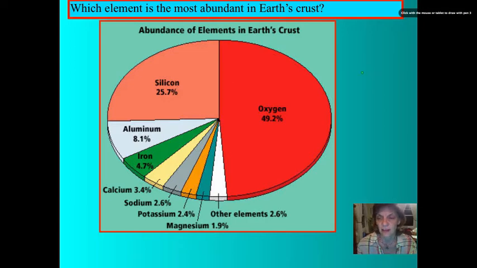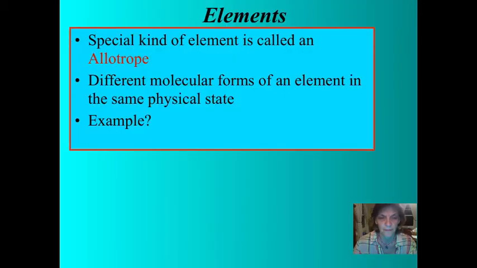Silicon dioxide is sand, good old sand, and that makes up most of the crust of the earth, with a few of these other things showing up in small amounts. What might be surprising to you is that carbon, which is what makes up most living material, isn't even there. It's not even in the crust, at least not in these abundant amounts. So just some interesting things.